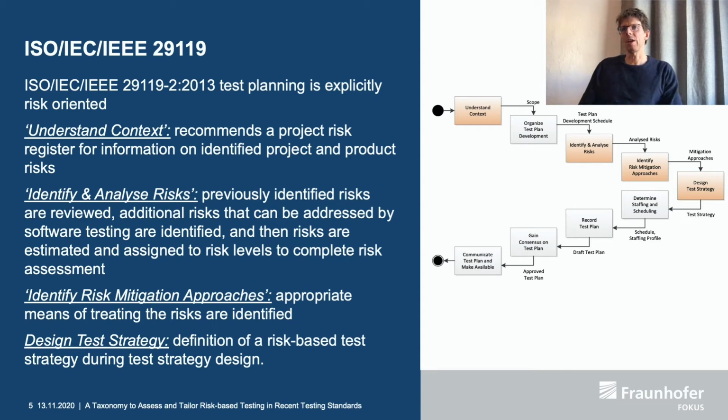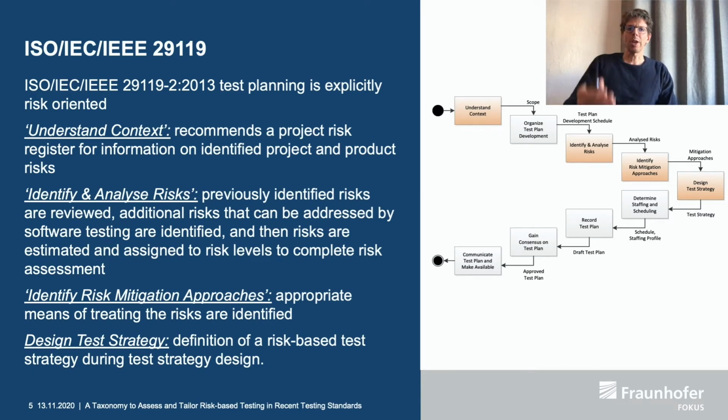Then you have a phase on identifying and analyzing the risks. So in this phase you review the already identified risks from the risk register, and then you identify additional risks that are especially connected to the activities of testing.